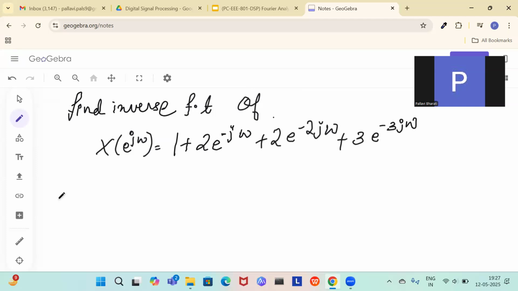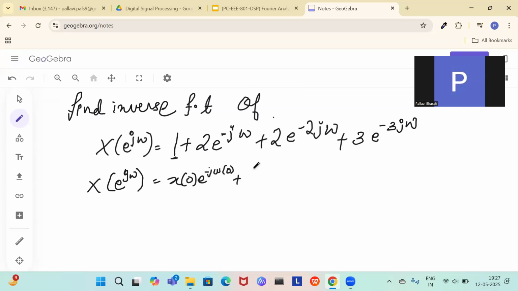If I write it in a way like this, since it is constant, there is no exponential, so I will take n equals 0 for this case. Then it becomes x0 e^(-jω·0).